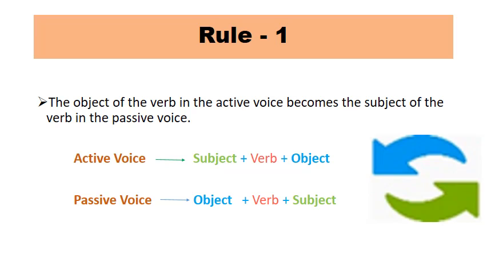So the structure is object plus verb plus subject. Object of the verb has come to the place of subject of the verb. So here object is followed by the verb and verb is followed by the subject.